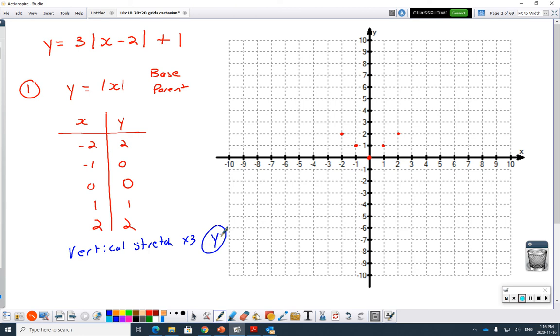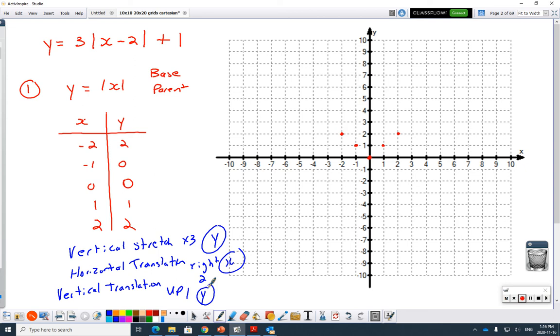Next, -2 inside means horizontal translation. -2 means right 2. Right is the x values. And then finally, this +1 out here means vertical translation up 1. And that, again, has to do with y values. Hopefully, up is a good enough word that you're like, oh, up. That'll be y values.